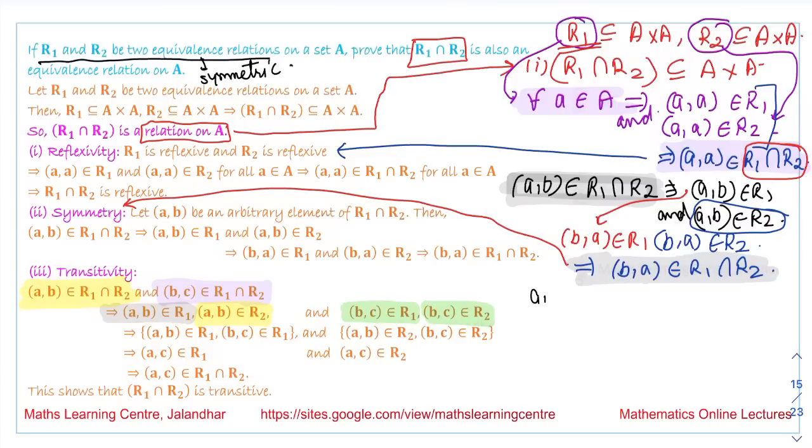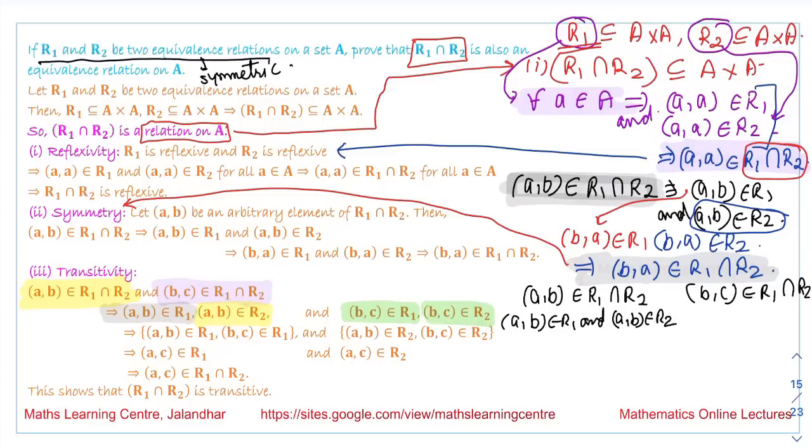This gives us (a, b) belongs to R1 and (a, b) belongs to R2, and (b, c) belongs to R1 and (b, c) belongs to R2, with an 'and' in between these conditions.